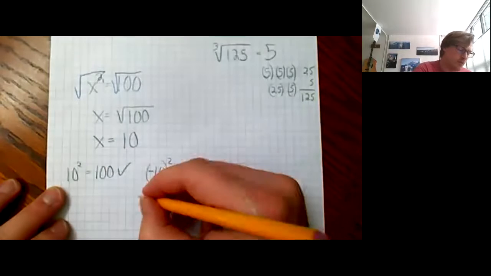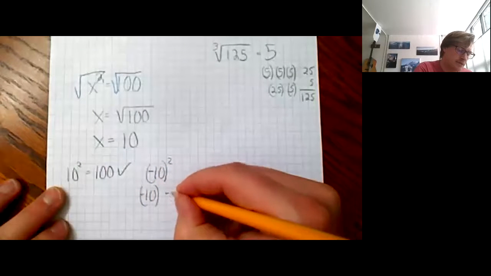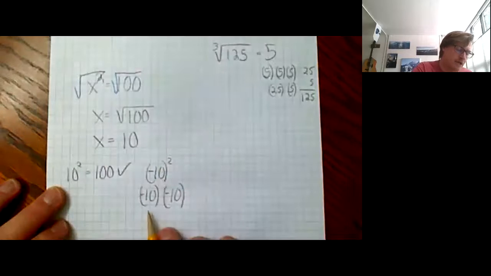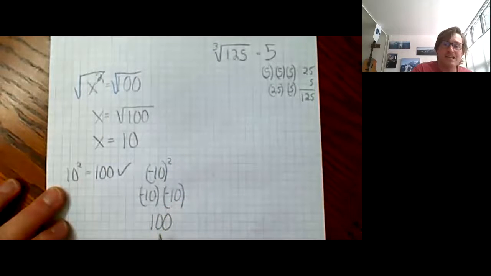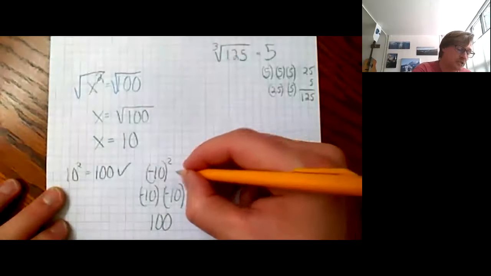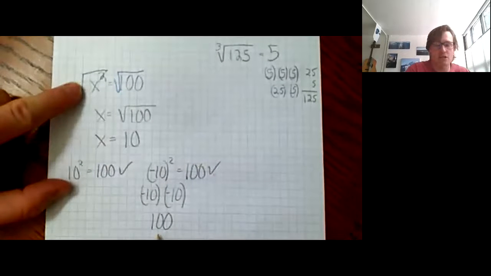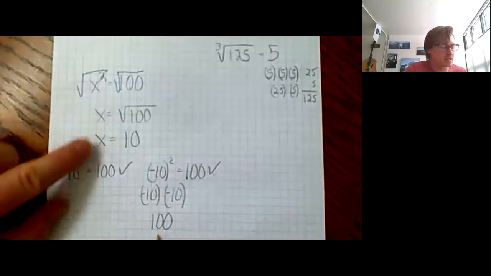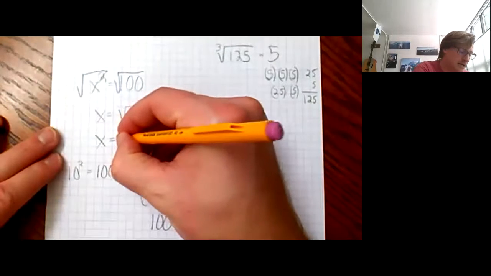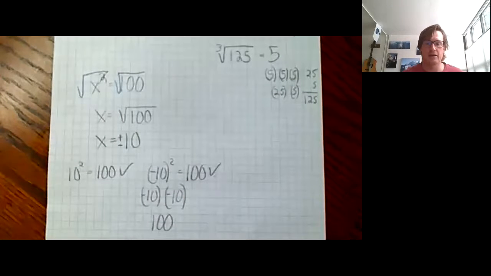What does that equal? Well, negative 10 times negative 10 is 100. A negative times a negative is a positive, so that one works as well. So that tells me that when I'm doing my square roots and I'm solving for x, my final answer can be positive or negative. Okay?